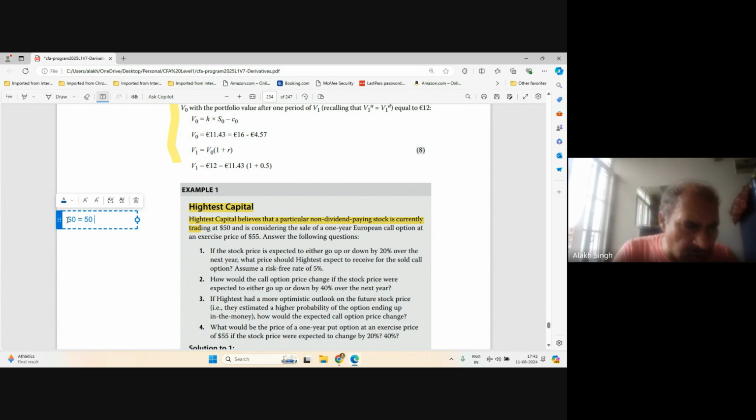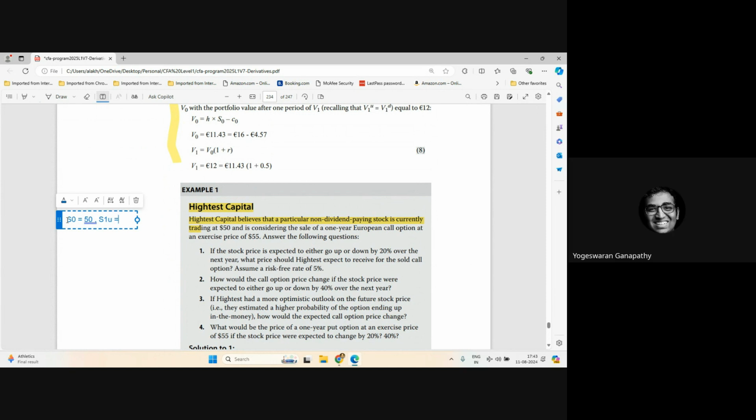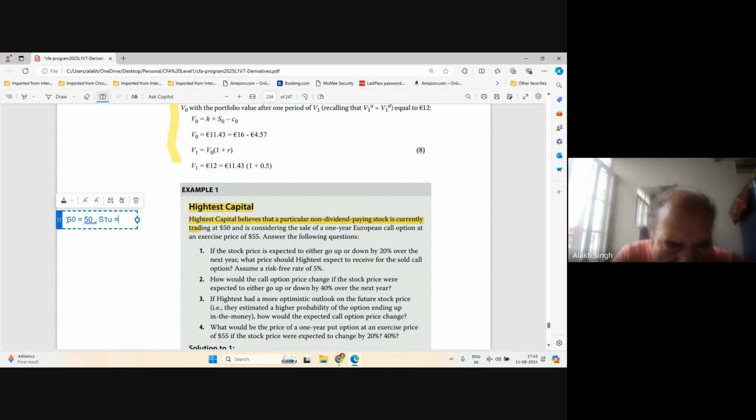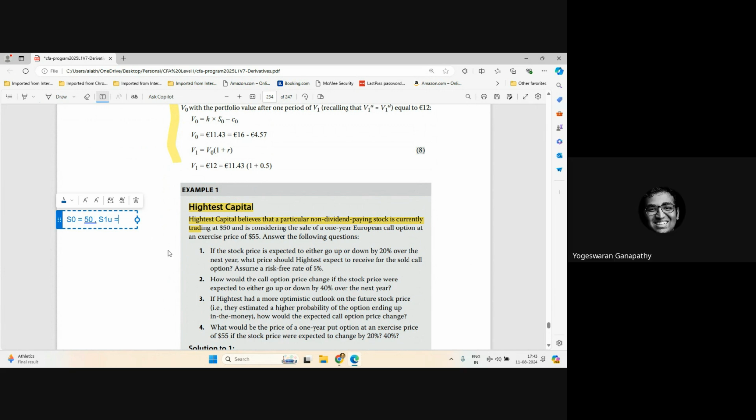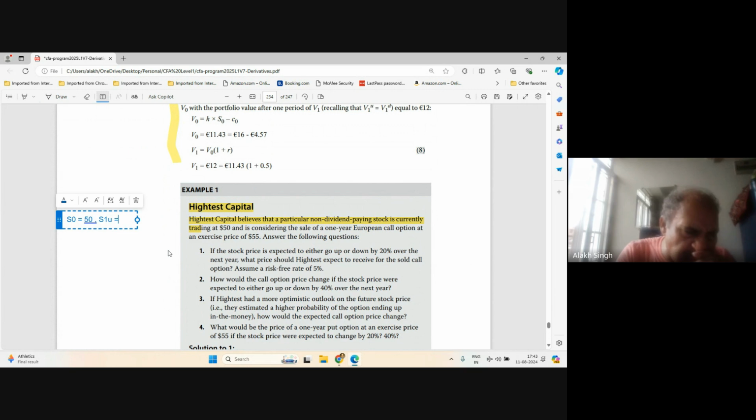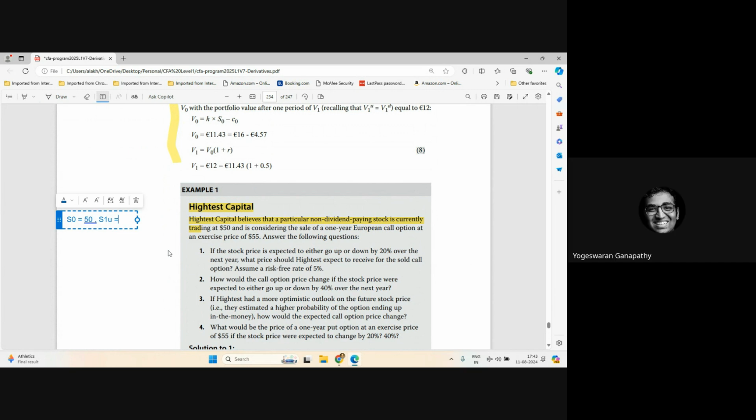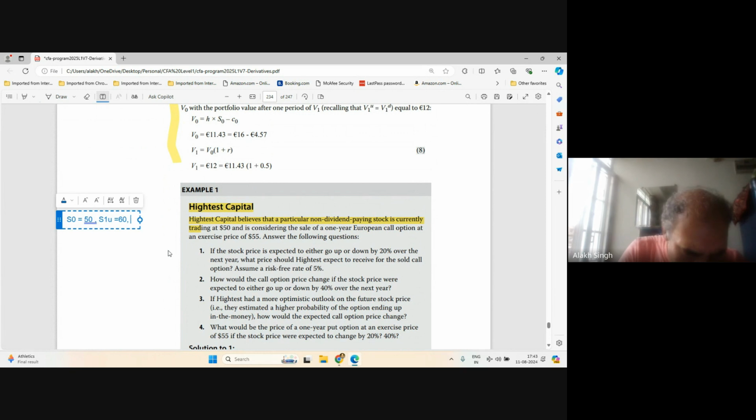S1 goes up or down by 20%, so S1U is equal to 60 and S1D is equal to 40.